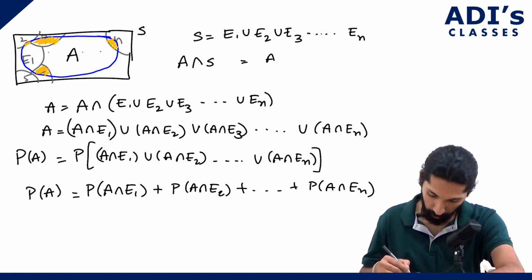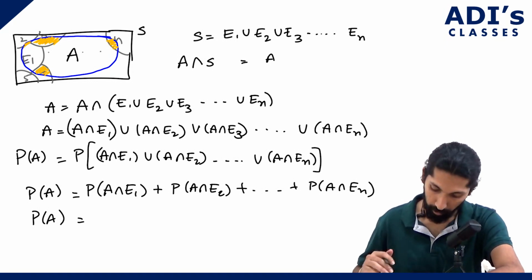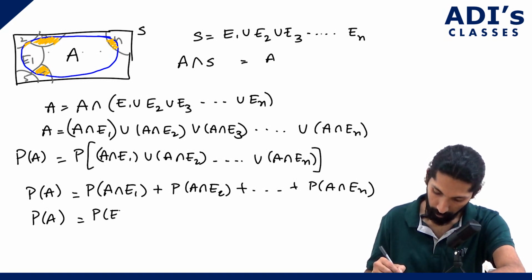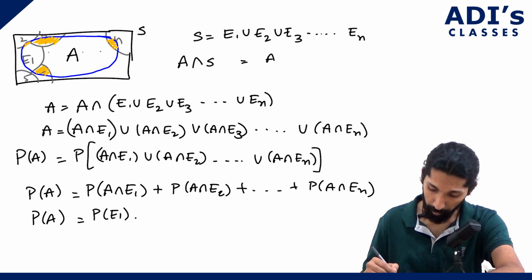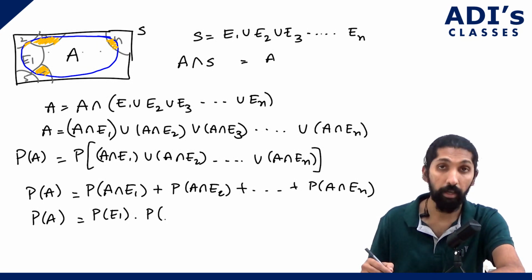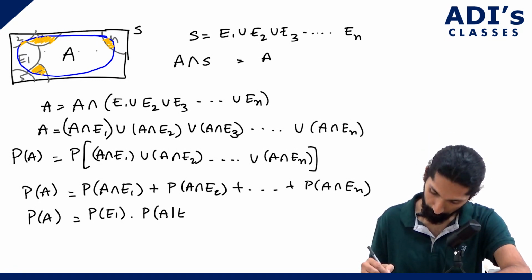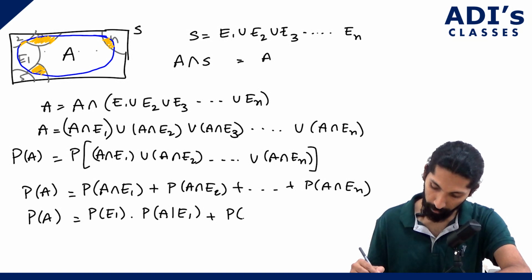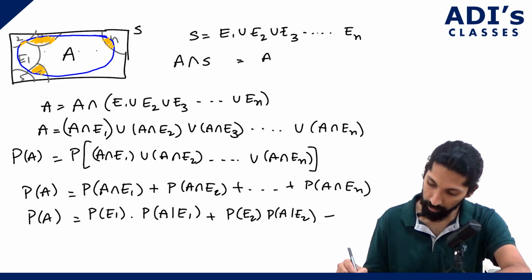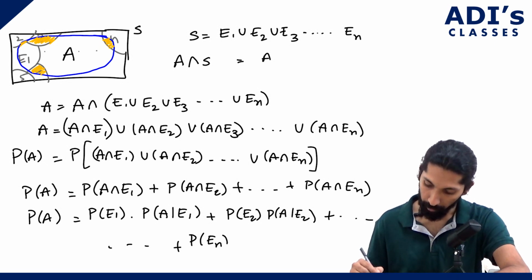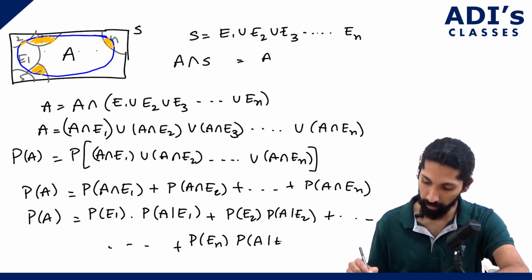That means P of A is equal to, the first one is going to be P of E1 into P of A given E1, plus P of E2 into P of A given E2. Like this, what do we get? Till P of En into P of A given En.